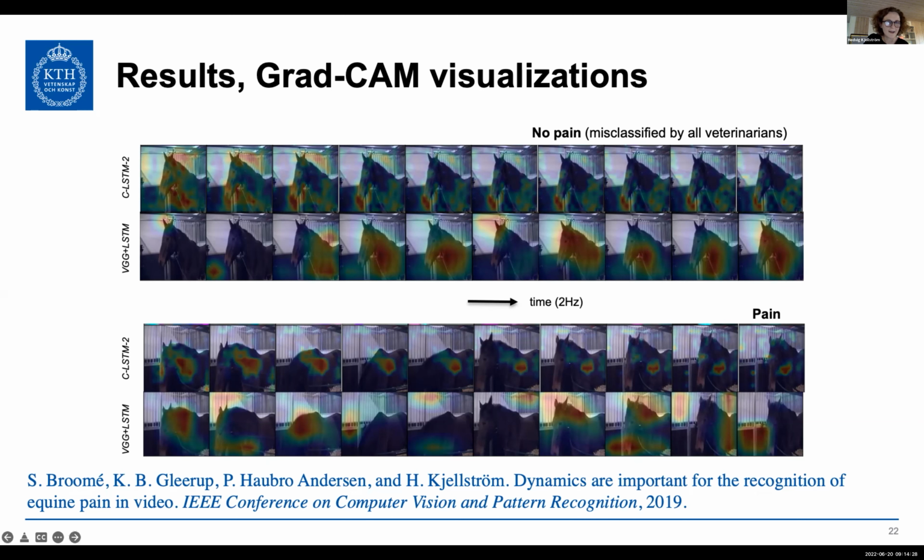And we see here on the top the CLSTM GradCam visualizations. I'm sure a lot of you are well aware of GradCam, but shortly, GradCam provides a heat map with areas of importance when making the decision.